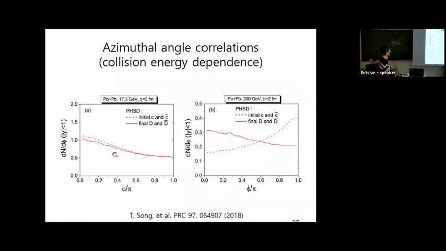But ignoring this initial correlation, we can compare only the final correlation. We can see a stronger slope here compared to this one. No, but it's the initial one on the left. I can explain the final. Is there any momentum cut here for the c-cbar? No, I didn't introduce a momentum cut. If I introduce a momentum cut, it will be changed.